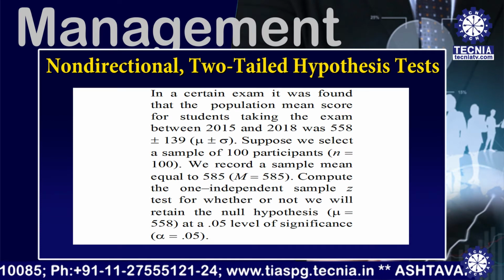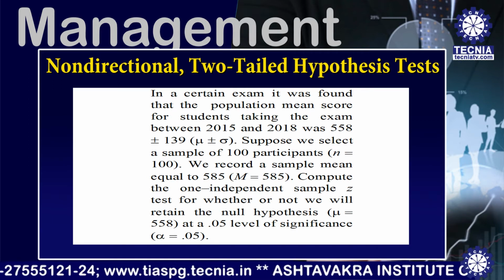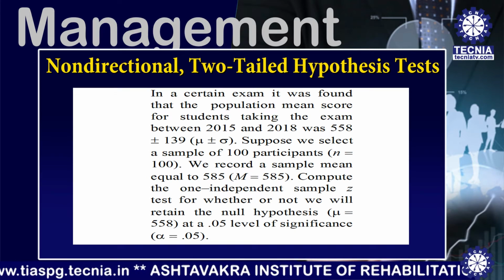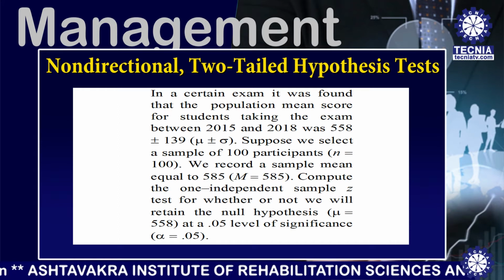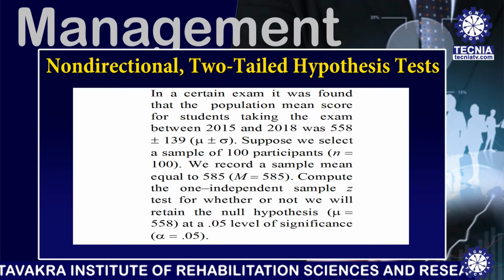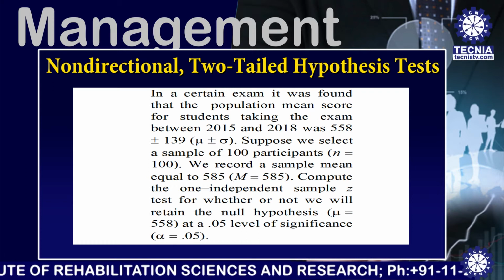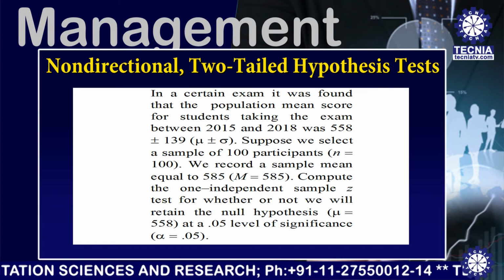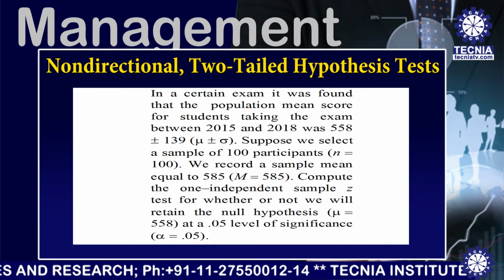Suppose we select a sample of 100 participants, n equal to 100, and we record a sample mean equal to 585. Compute the one independent sample Z-test for whether or not we will retain the null hypothesis, that is mu equal to 558, at a 0.05 level of significance, which is alpha equal to 0.05.